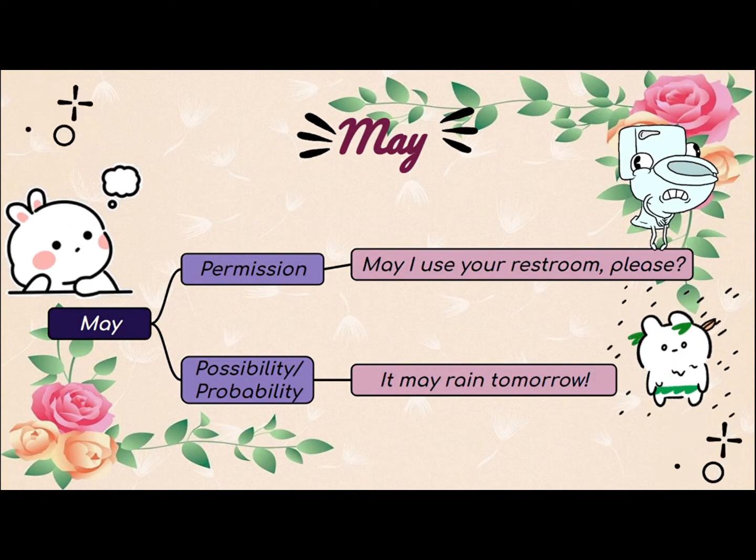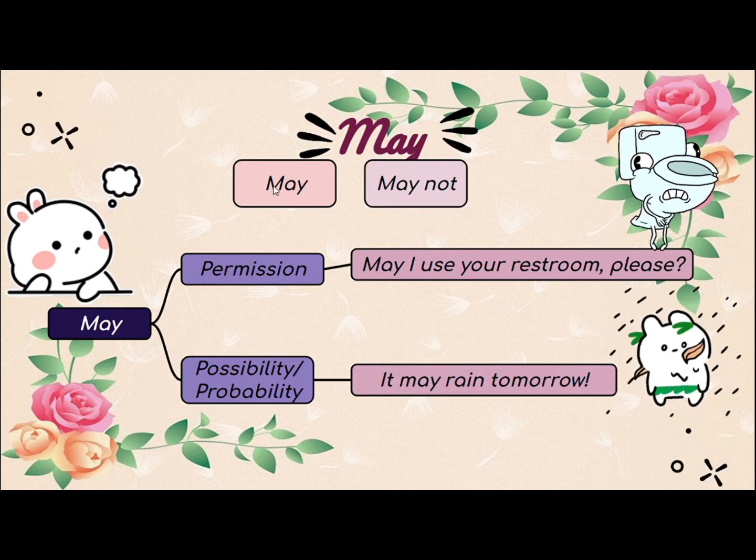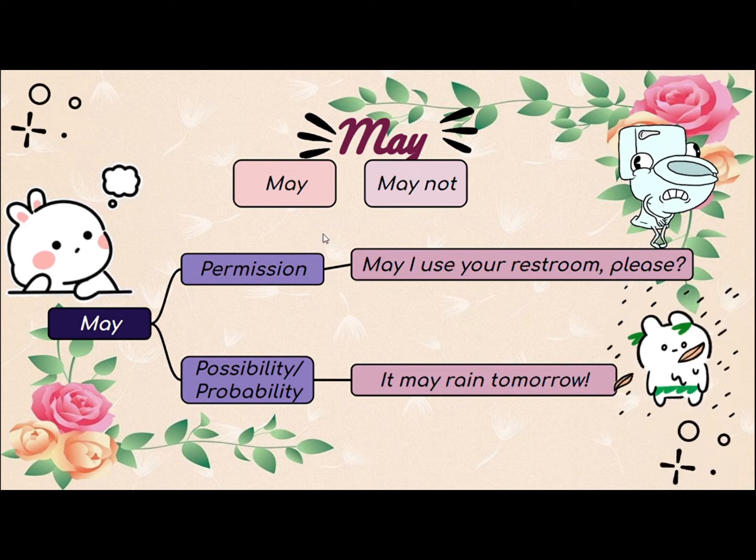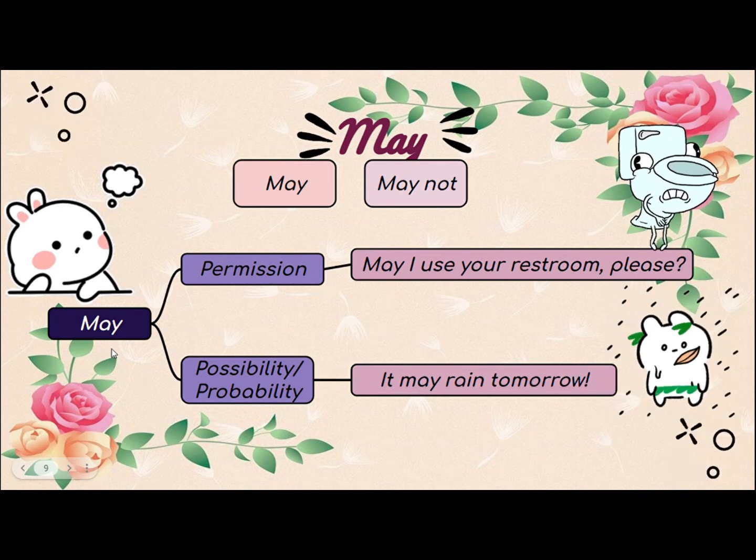Modal verb may. Positive form may and negative form may not. For this modal verb, we don't have a contraction form of the negative form. We use this modal verb to express a permission.